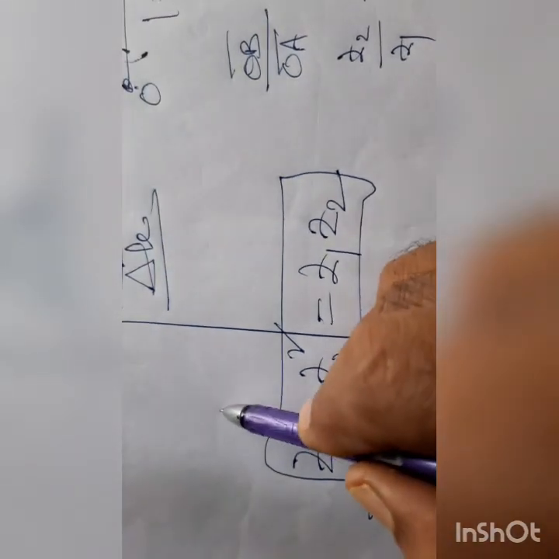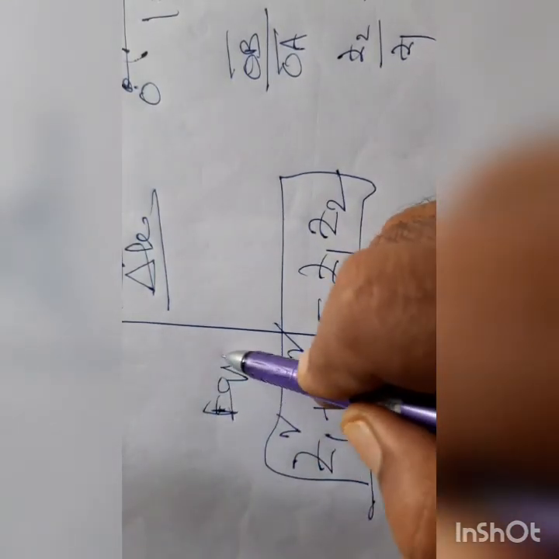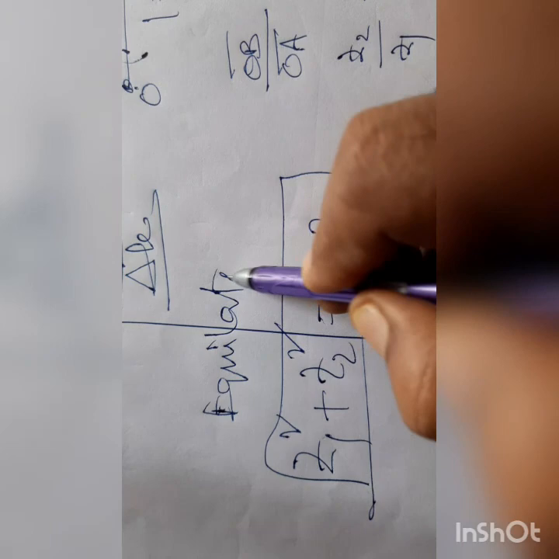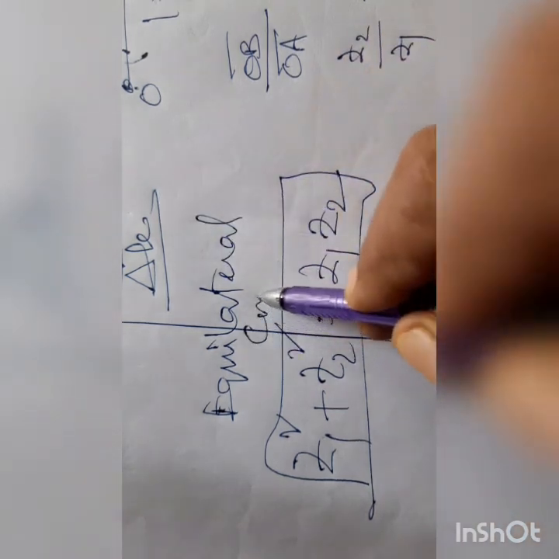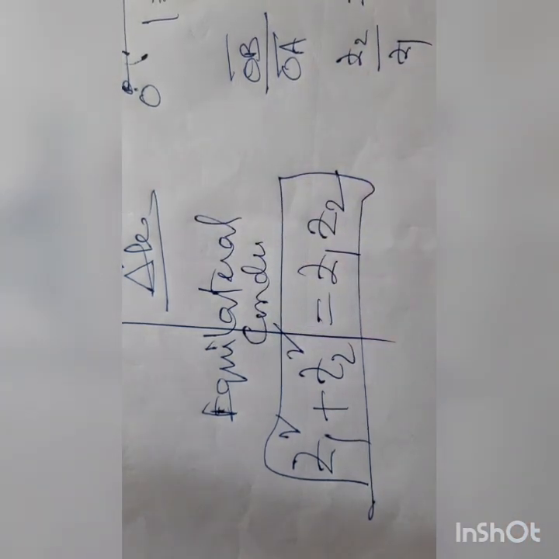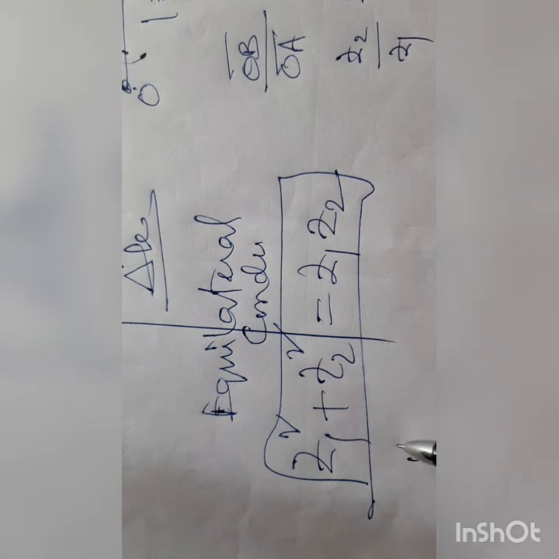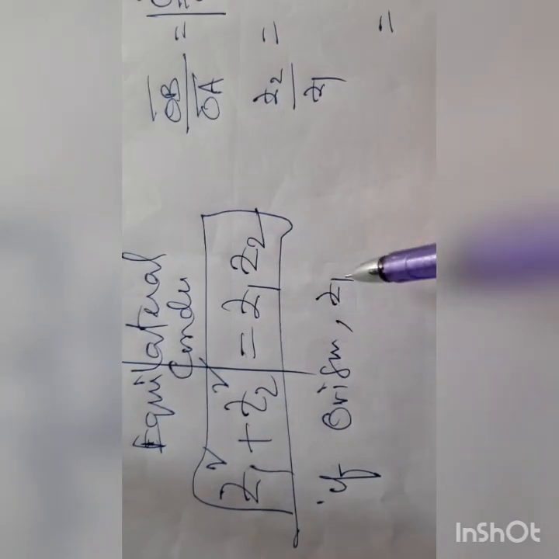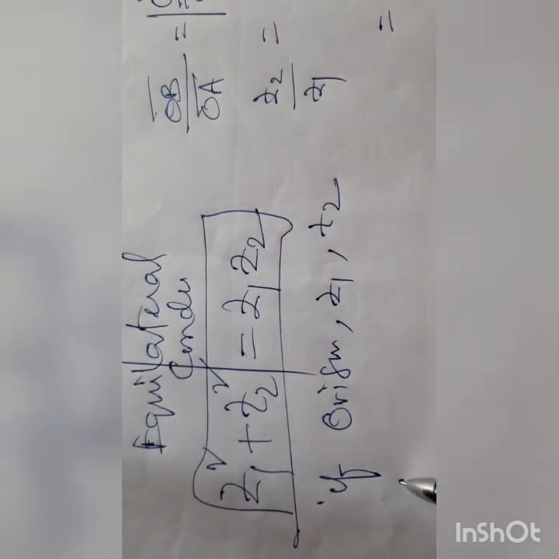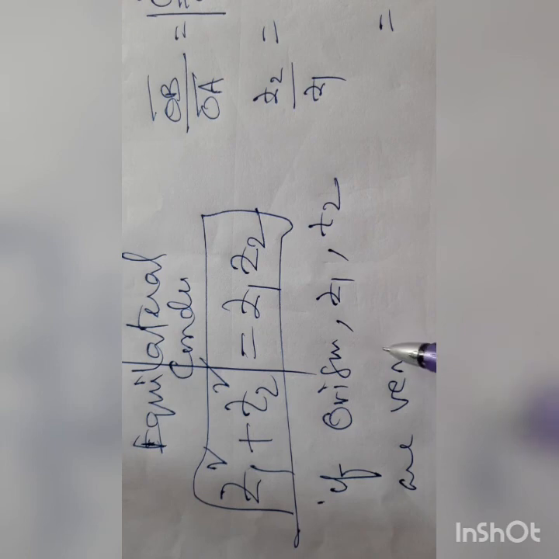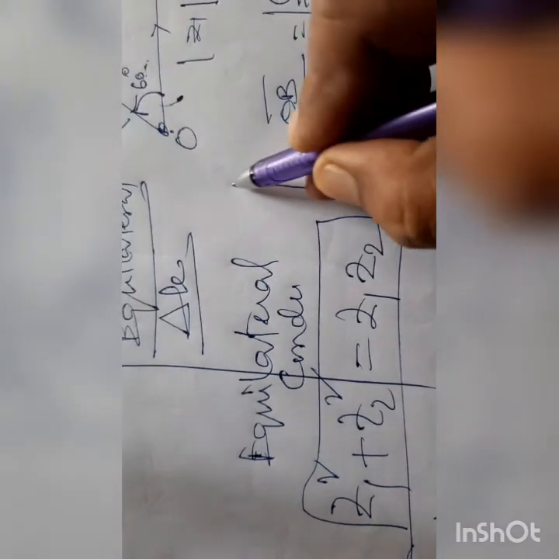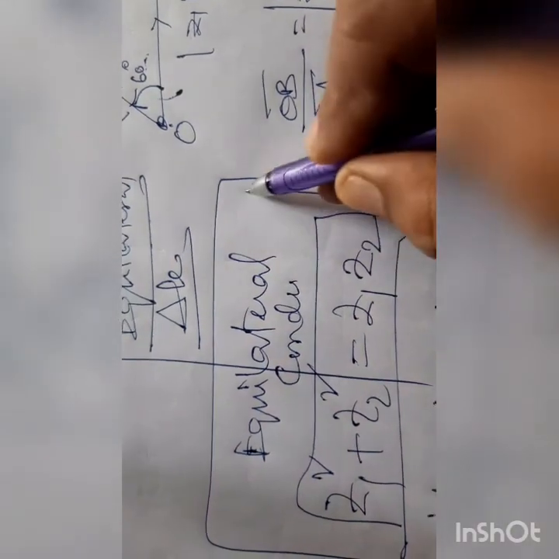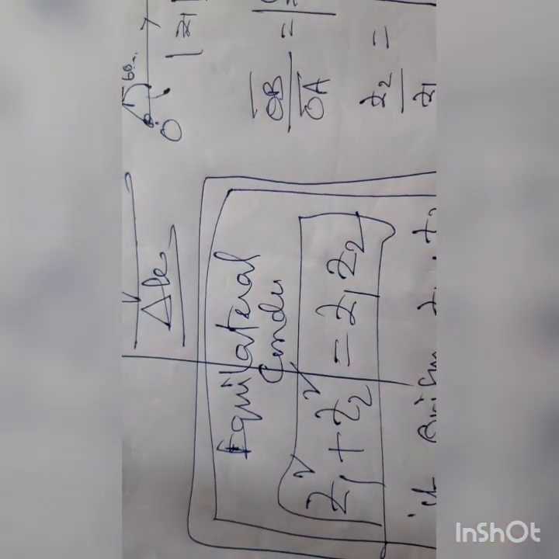This is the equilateral condition if origin, Z1, Z2 are vertices. This is very important.